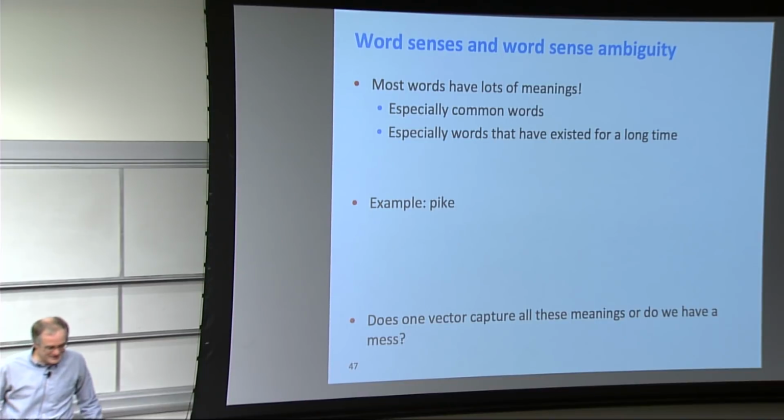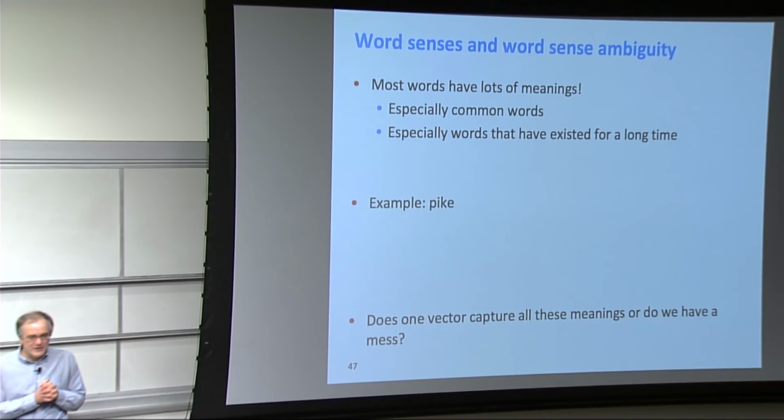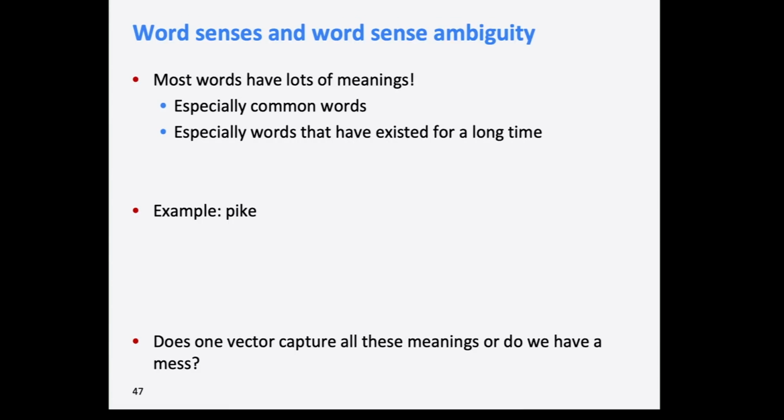Okay, two more things I want to say. We had that problem right at the beginning of Clinton and how that could be various people. That's perhaps in some sense the simplest case of words being ambiguous, when you have names which have reference to different people. But it's not only true of names. By and large, words in human languages are ambiguous and have lots of meanings.